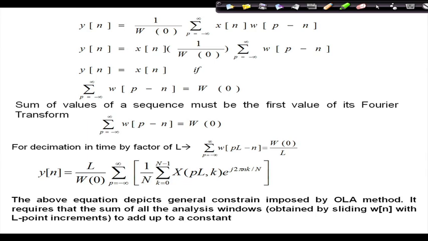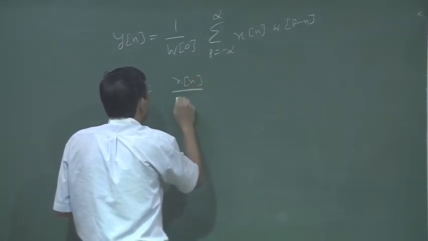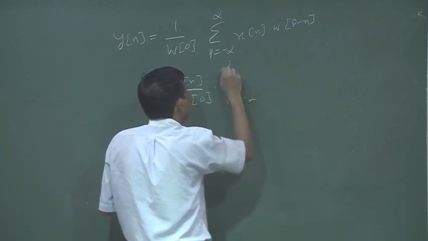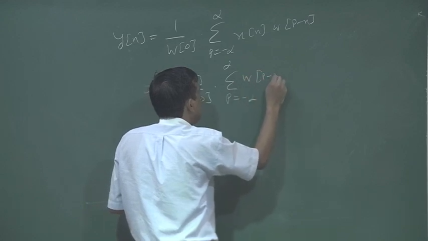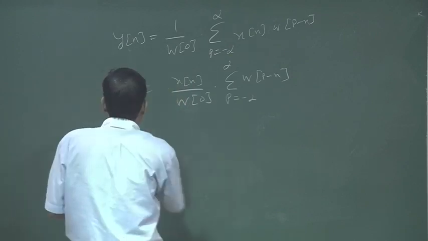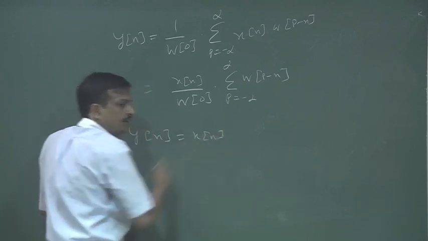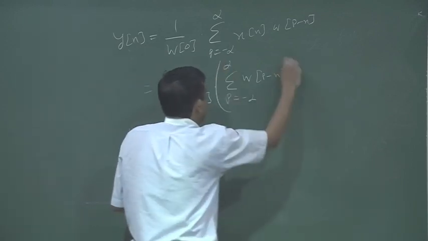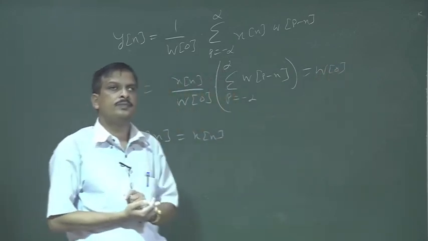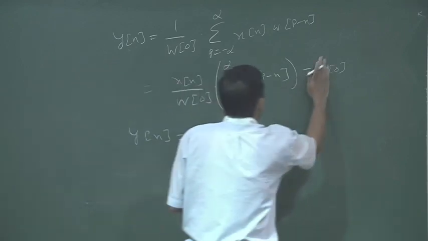So it is x of n divided by W0 into the sum of w of p minus n. Now, Yn is equal to Xn only if this part is equal to capital W0.